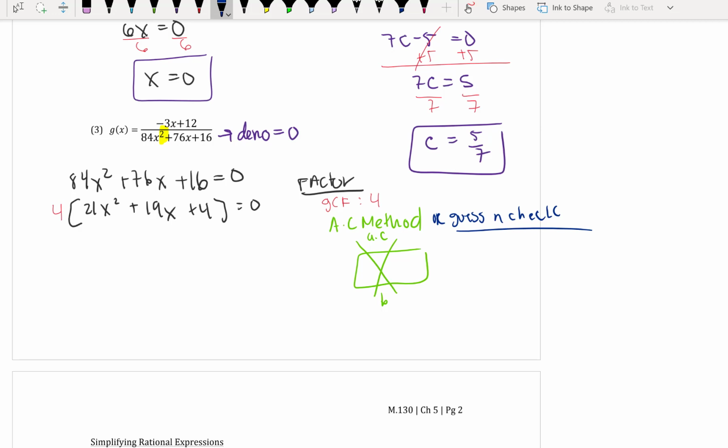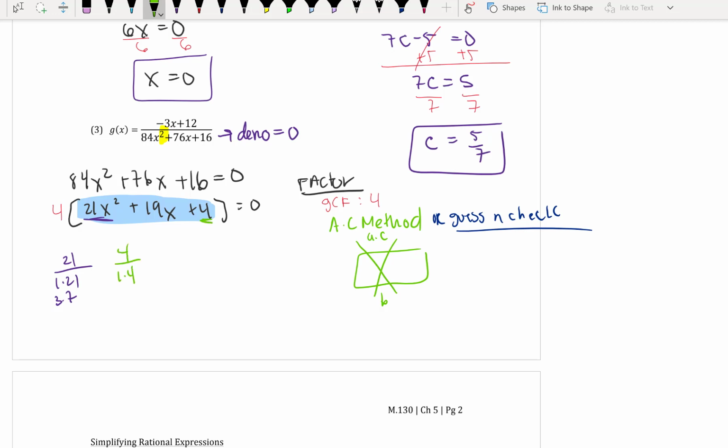So I'm going to try to factor out this polynomial in here. I'm going to look at my first term, which is 21. So I know that's going to be 1 times 21 or 3 times 7. The next thing I want to look at is my last term, which is a 4.